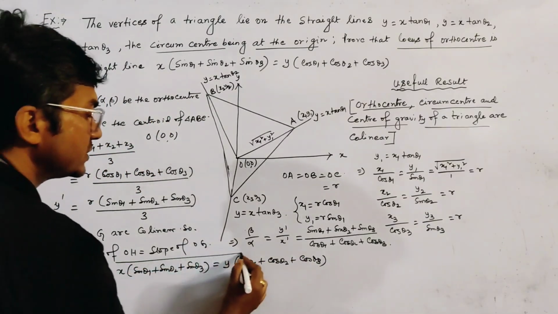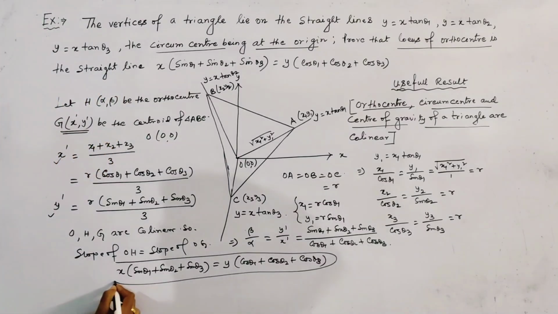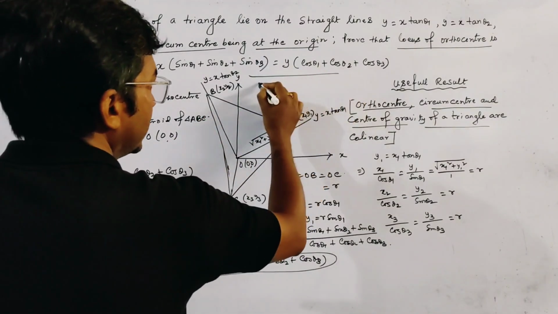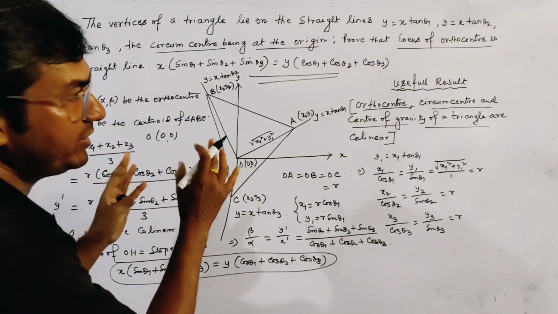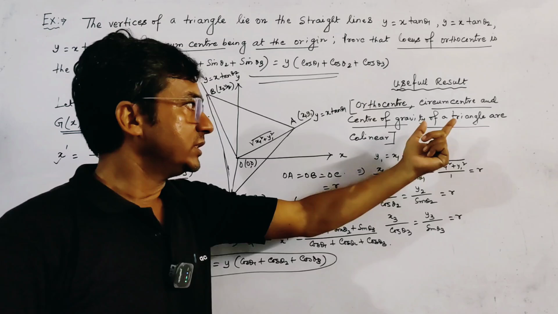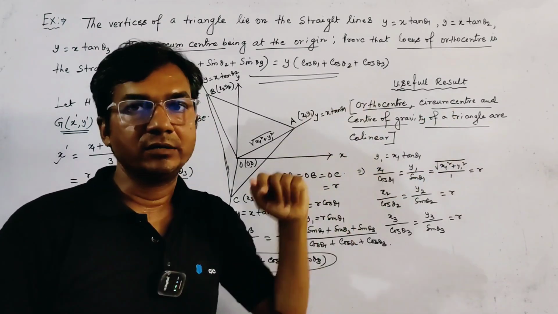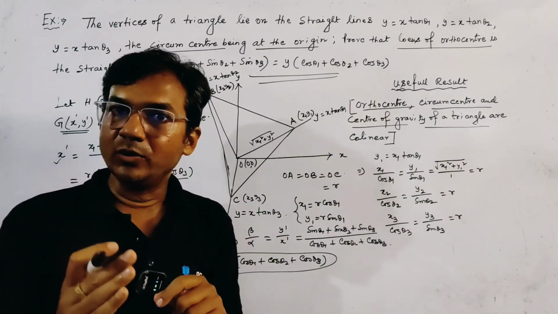And this is obviously the locus of the orthocenter (alpha, beta), and this is our required result. Okay, a very easy problem, but very interesting, and it uses an important property of triangles. Right, thank you for watching.